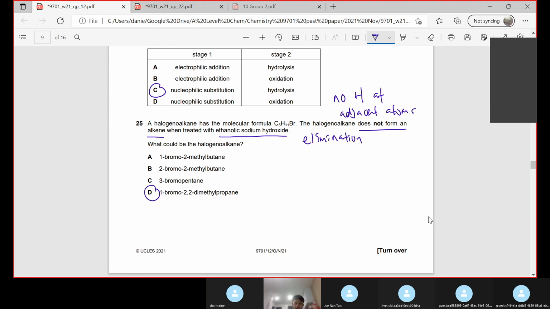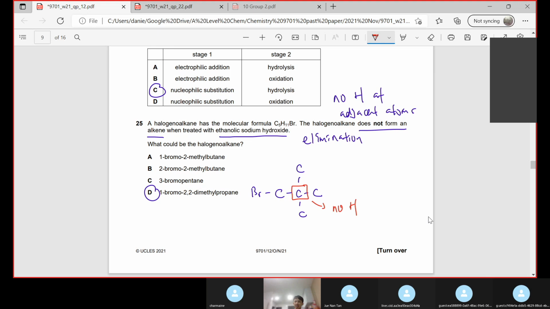Okay, if you draw it out, we will have 3 carbons. Then where is your Br? Your Br is here, on the first carbon. Then you will notice that the only adjacent carbon doesn't have H. No H. So this is the reason the elimination reaction cannot take place.